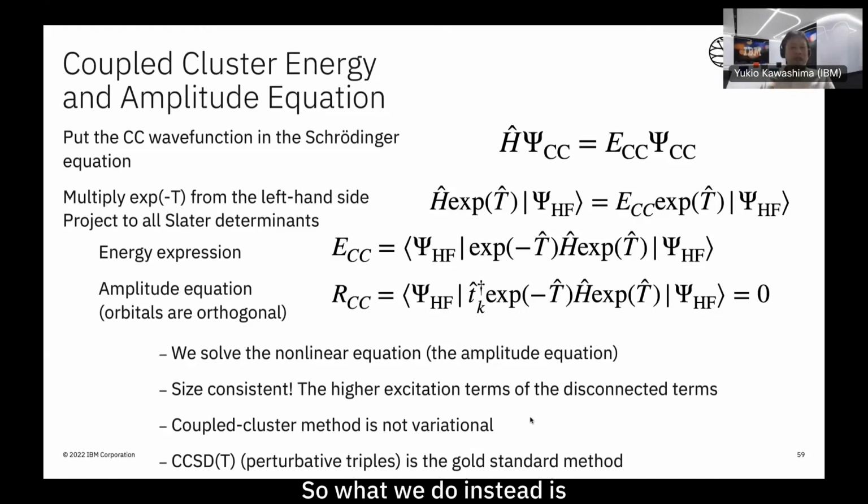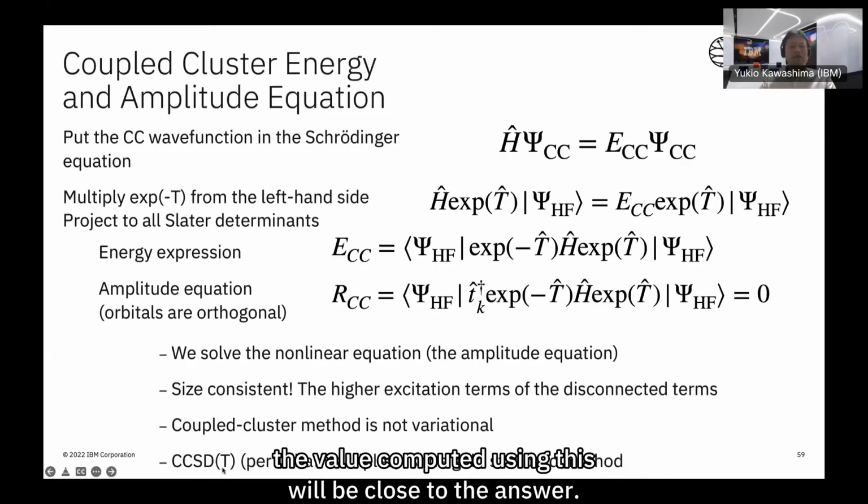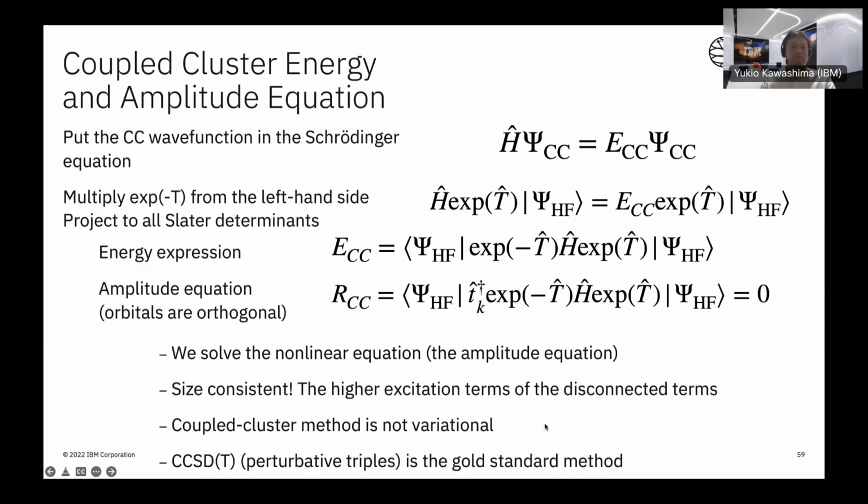So what we do instead is treat the triples perturbatively. That method is called CCSD(T). This is known as the gold standard method in quantum chemistry. So practically, the value computed using this will be close to the exact answer.